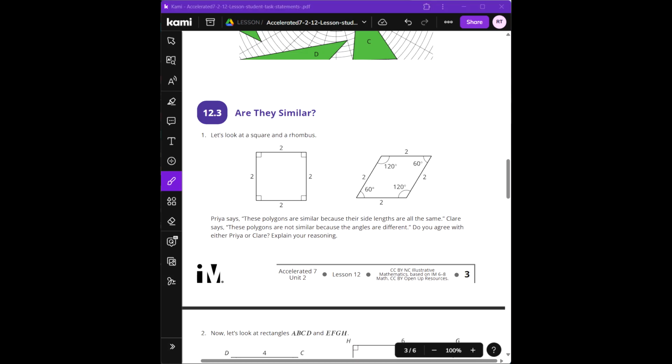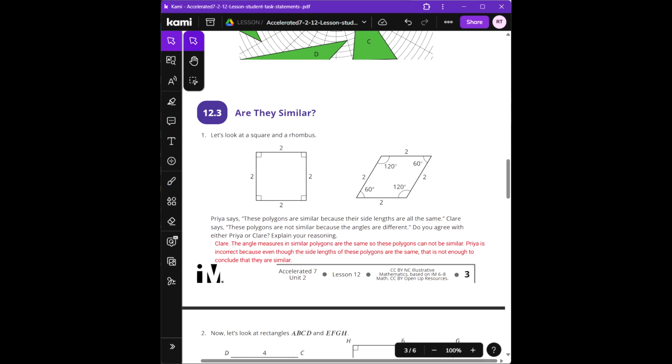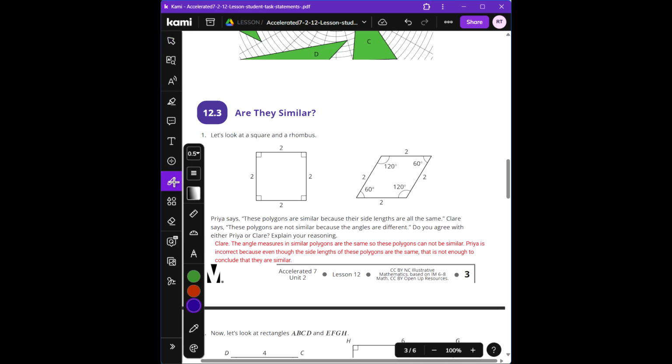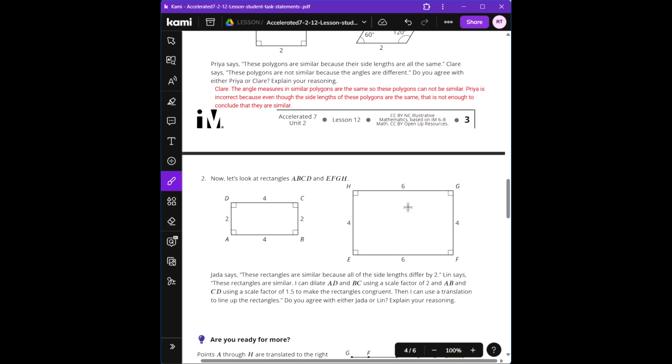Okay, so I'll go ahead and get that in there for you. One of the things to remember about similar polygons is that the angle measures have to be the same, so they'd all have to be 90. So even though the sides are the same, the angles are not. And so these are not going to be similar.